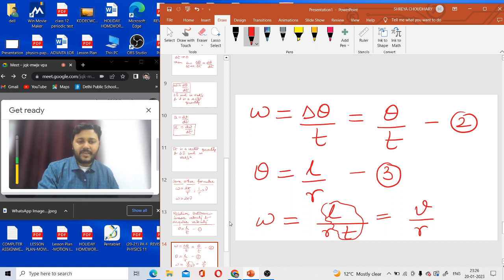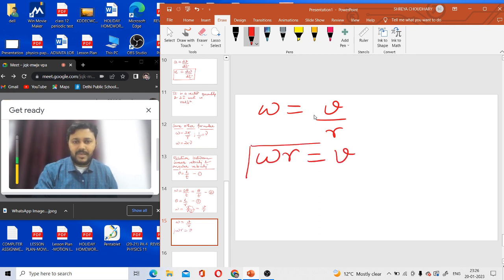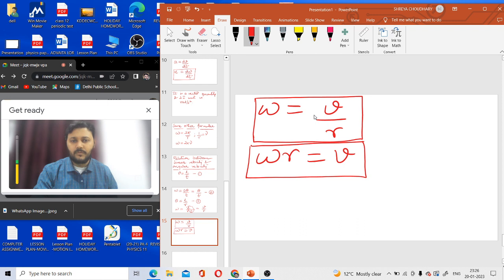Let me write it again: omega is equal to V upon R. This is one of the formulas, or we can say omega R is equal to V. We can take either of them. We can also go for this formula as per the numericals being asked.